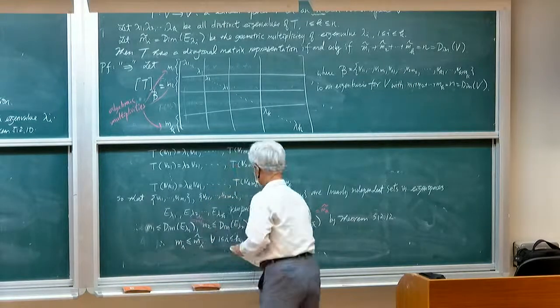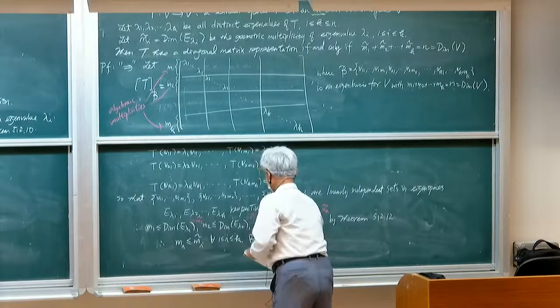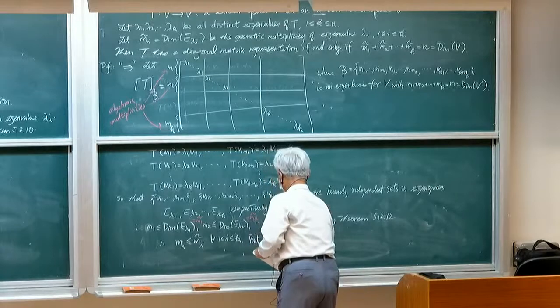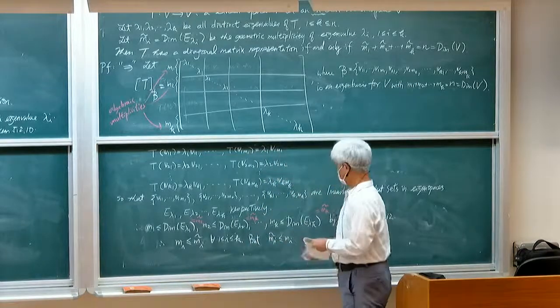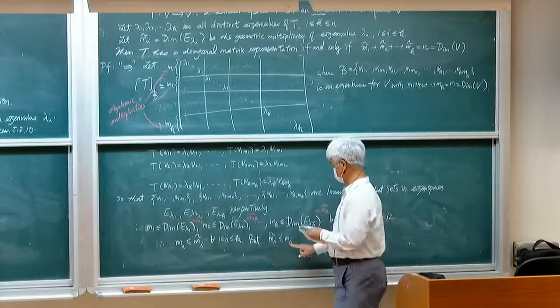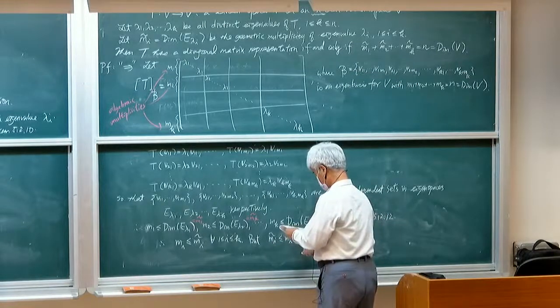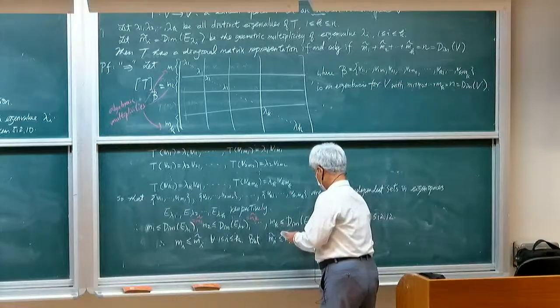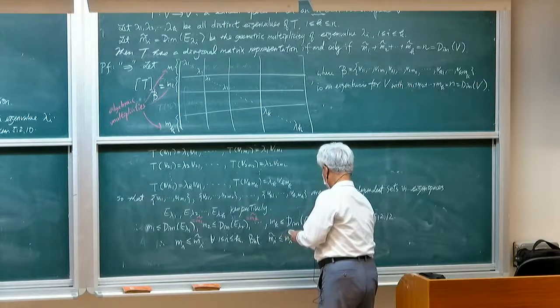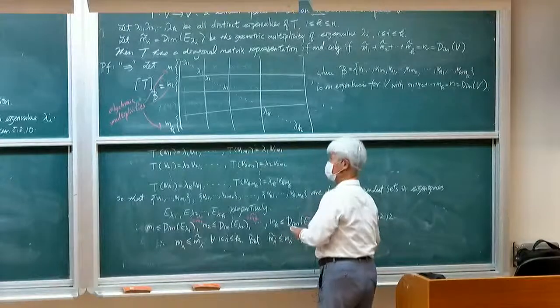But we know the geometric multiplicity is less than or equal to the algebraic multiplicity by theorem 6.1.2, which we just proved.